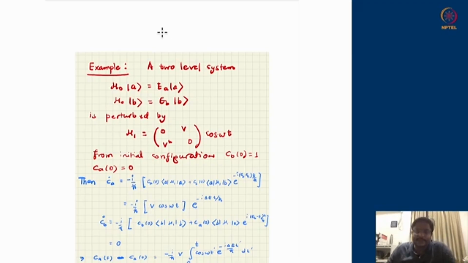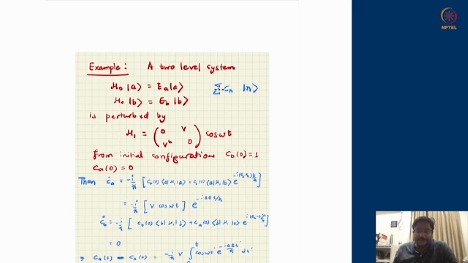So let us resume our discussion of time-dependent perturbation theory. In the previous class, we learned that if the Hamiltonian develops a time dependency, the effect of that is felt across the coefficients of superposition Cn.